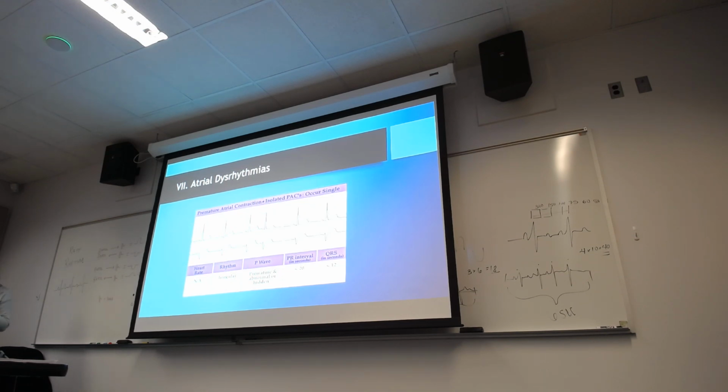If I have a PAC every other beat or PACs in a row that are now messing with the normal rate of that heart, that's when I'm a little bit more concerned. But people have PACs all the time and it's not dangerous. So it's really more how often are they happening? Is the patient having symptoms when they happen? If they have a run of PACs, are they having symptoms?